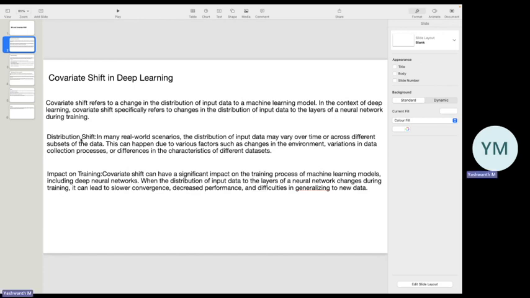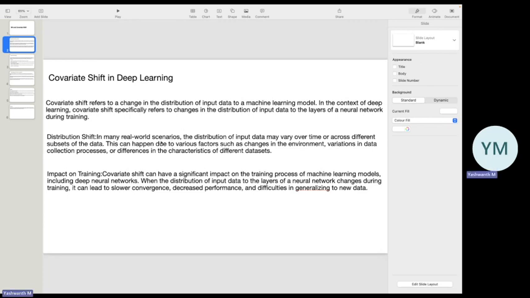So what is a distribution shift? It is when the distribution of input data varies across different subsets of the data. This can happen due to various factors such as changing variations in data collection, or differences in characteristics of the different data sets.